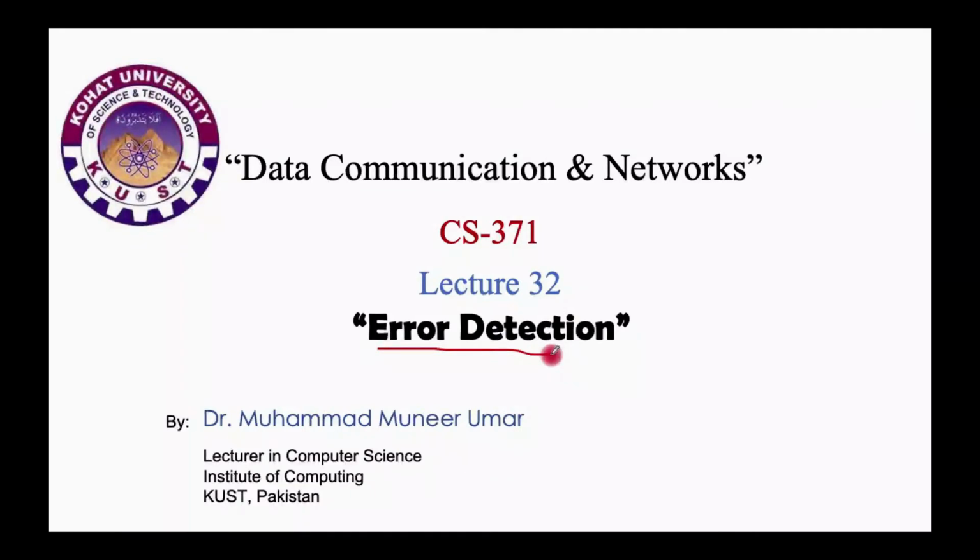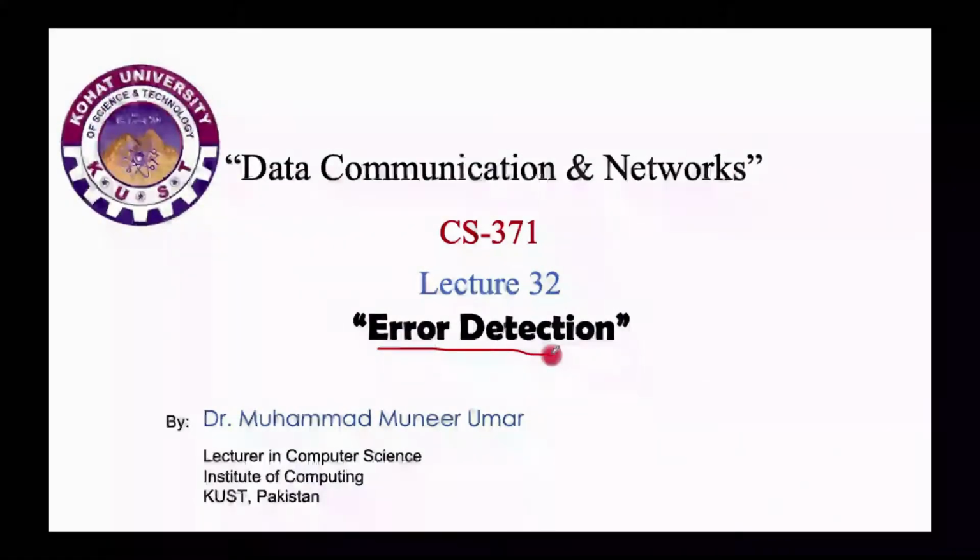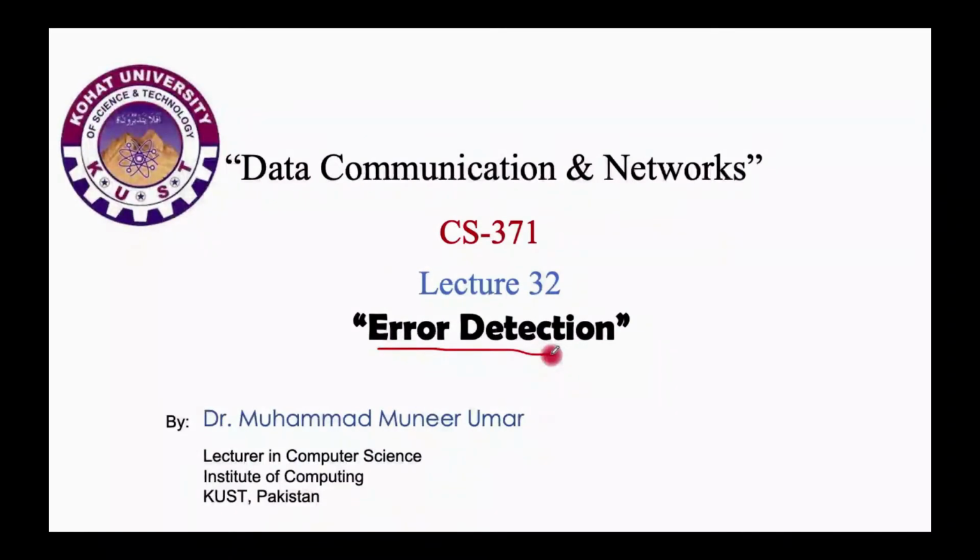So the corrupted data is caused by the corrupted bits, and we refer to such a scenario as error in the received bits. So in today's lecture, we will study about the detection of such corrupted or changed bits.